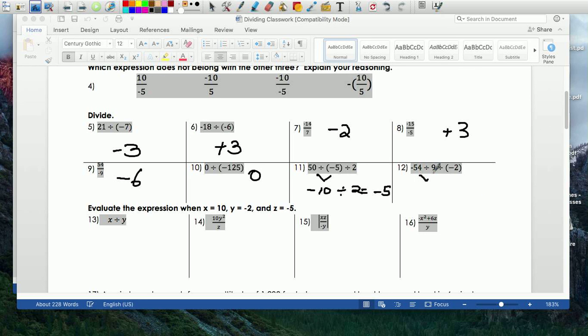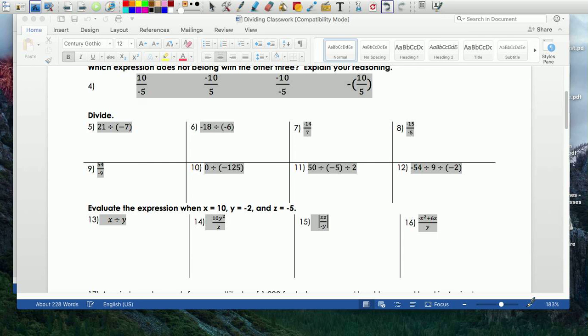Let's take care of these two from left to right. Negative 54 and positive 9 is a negative, and negative 6, which I'm going to now divide by negative 2. A negative divided by a negative is a positive, and 6 divided by 2 is 3. So you have to do 2 things. You have to worry about the numerical answer, and you have to worry about whether the sign is going to be negative or positive. Okay?